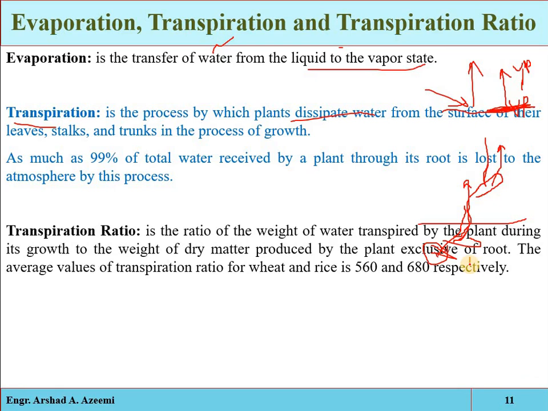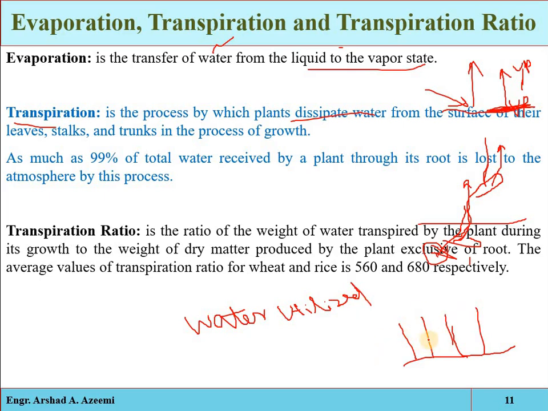Simply see, for example, if that is the earth surface in which you have grown different crops. Now in the whole season, how much water is utilized by this crop, from the plantation up to the harvesting?